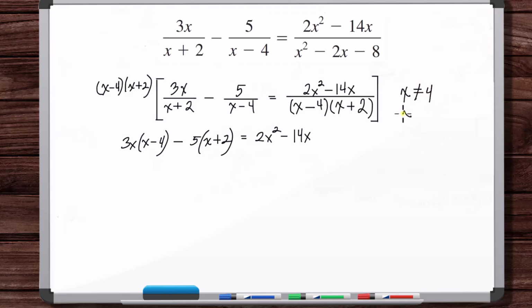We multiplied both sides by x minus 4 times x plus 2, so x can't be 4 or minus 2. We're going to need to come back and check our answers to make sure that one of those isn't 4 or minus 2, because you can't divide by 0 in the original equation.